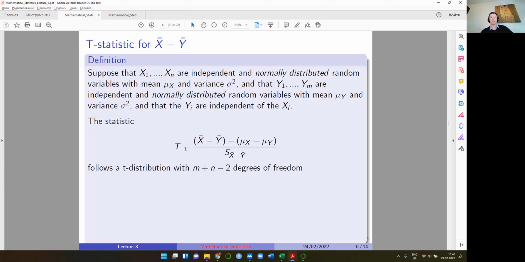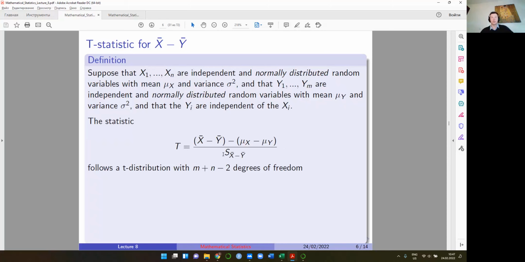So therefore, this is something that you are familiar with. This is a t-statistic, and it looks like the estimator: x bar minus y bar, the estimator, minus the population parameter, mu x minus mu y, divided by the standard error. This is not a standard deviation, be careful. This is the standard error of x bar minus y bar, and this follows a t distribution with m plus n minus 2 degrees of freedom.